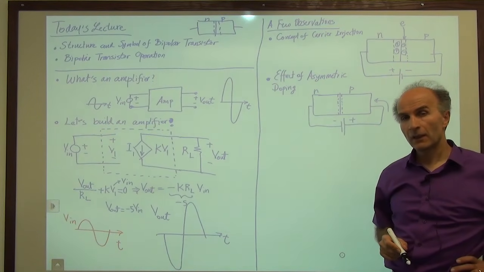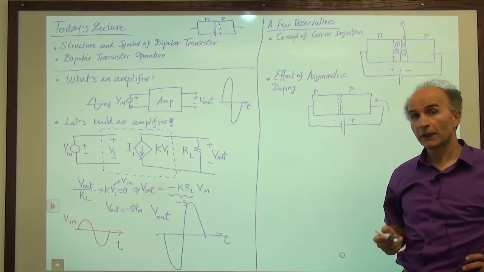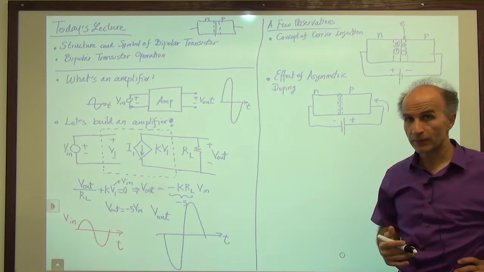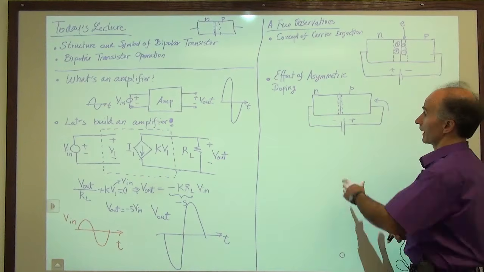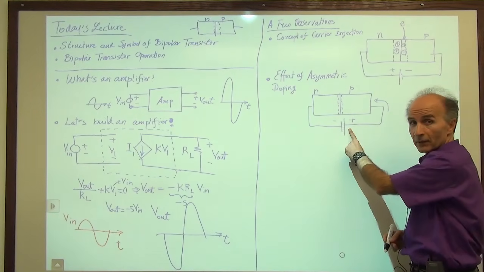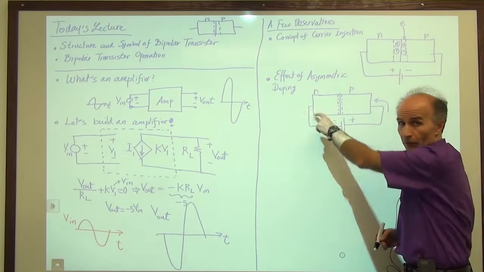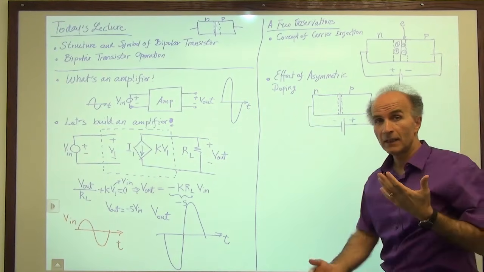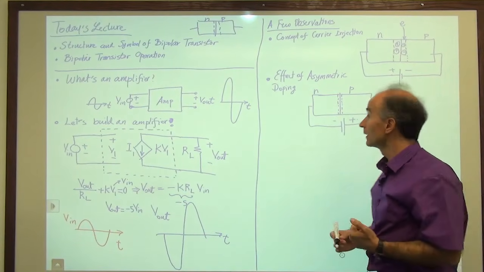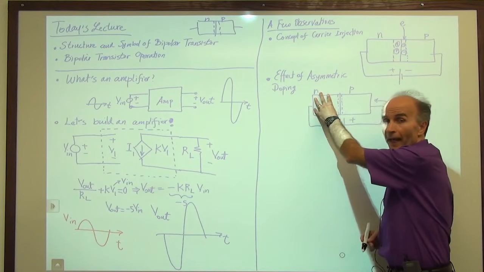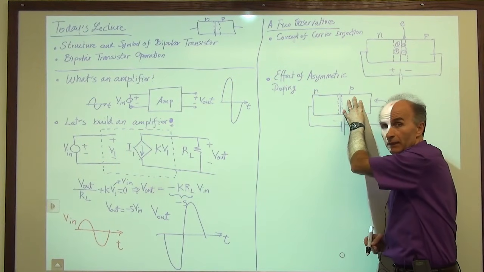And the question is, how much of the current is carried by electrons and how much of the current is carried by holes? What we do know is that the electrons start from the N section and go this way to go to the positive side of the battery, and the holes start from here and go to the left. Now, what if I have heavily asymmetric doping, meaning that, for example, I have a very high doping level here and a low doping level here?